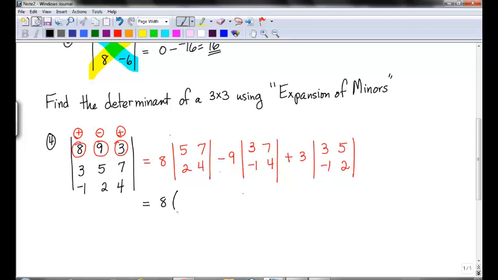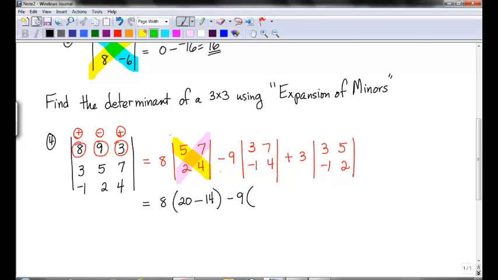So 8. Now we're going to use parentheses there. You're going to multiply down the diagonal to the right, and I recommend you show it. Subtract the product coming back up. So I get 20 minus 14. Minus 9.